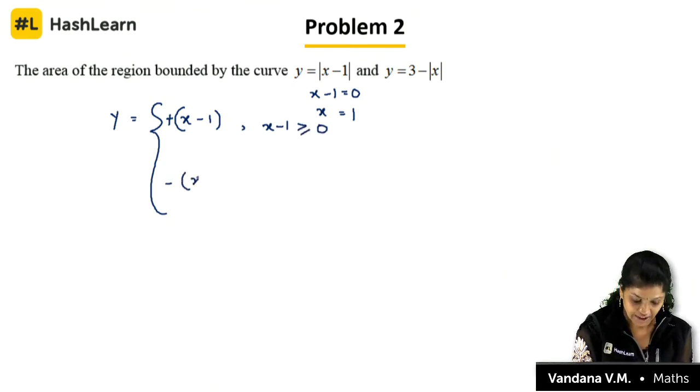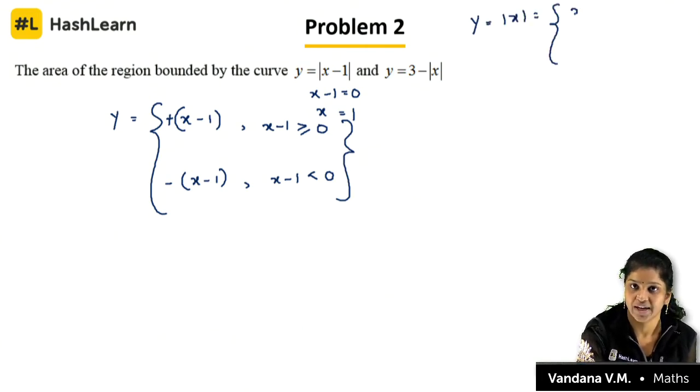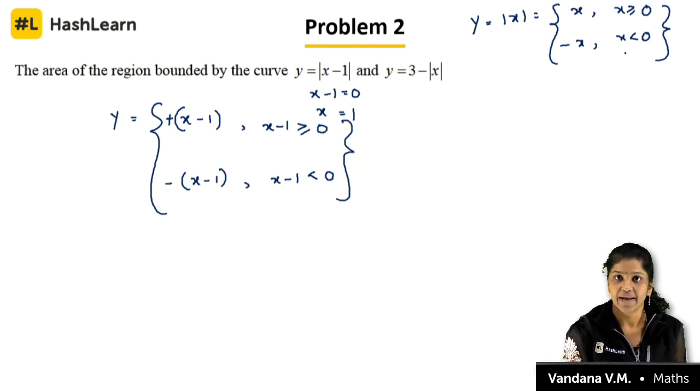If it is negative, that is when x minus 1 is less than 0. It is the same modulus function definition I wrote here: x when x is greater than or equal to 0, minus x when x is less than 0. Same thing I applied here.